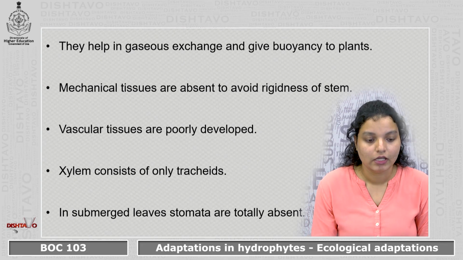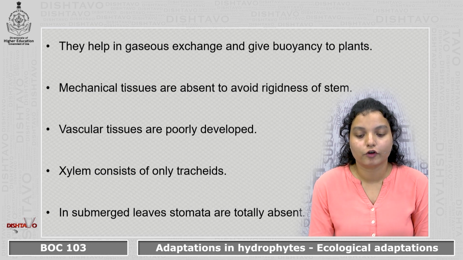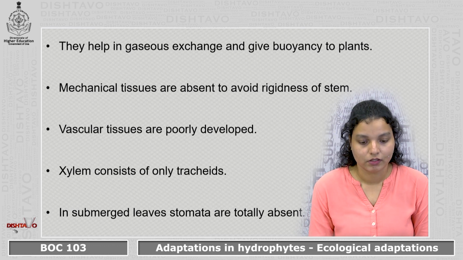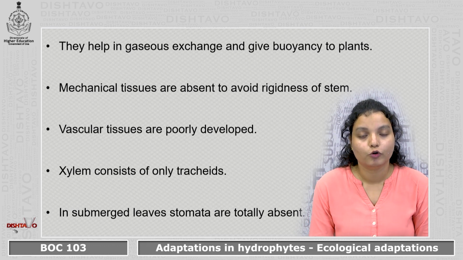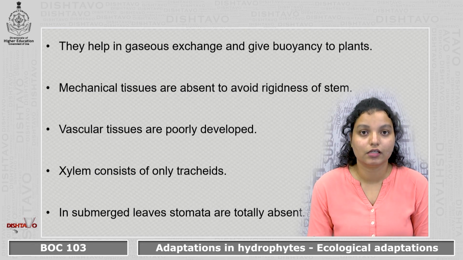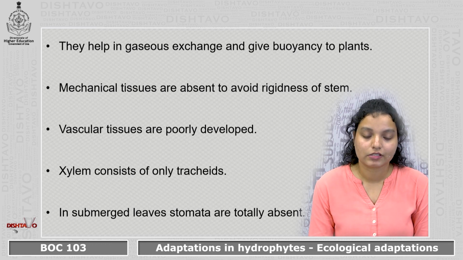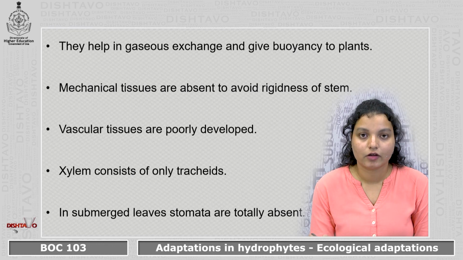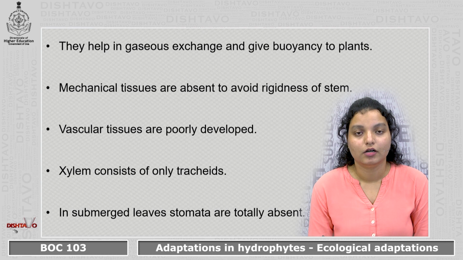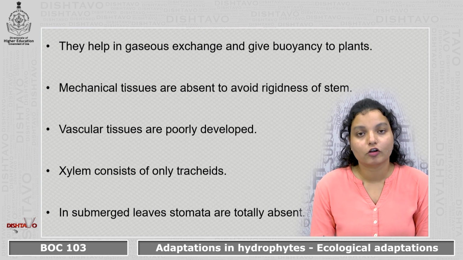Coming to the mechanical tissue, it is absent to avoid rigidness of the stem. Vascular tissues are poorly developed. When we talk about vascular tissues, we are referring to the xylem and the phloem, which we studied in our previous classes, wherein xylem helps in the transportation of water and minerals, whereas phloem helps in the transportation of photosynthate.